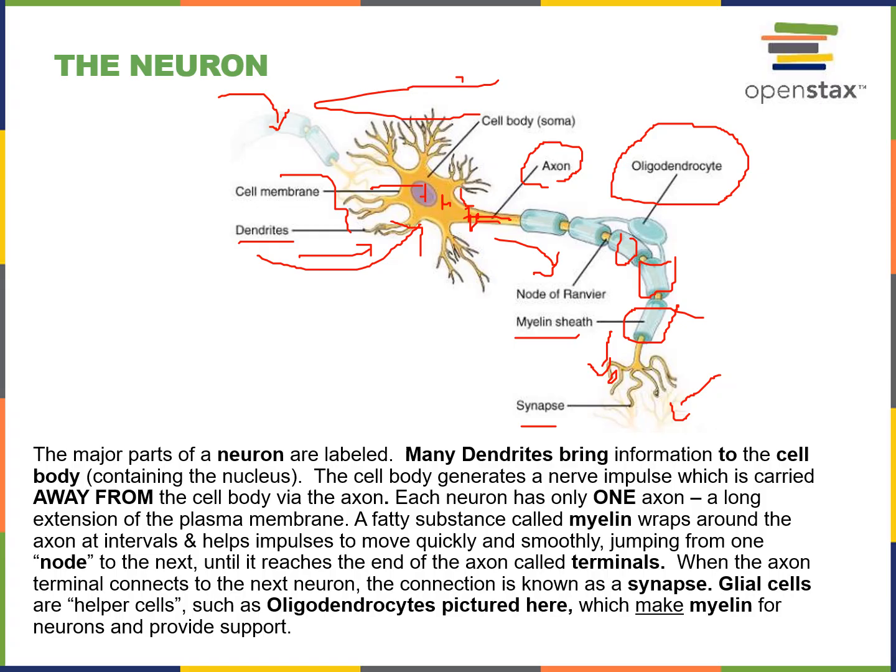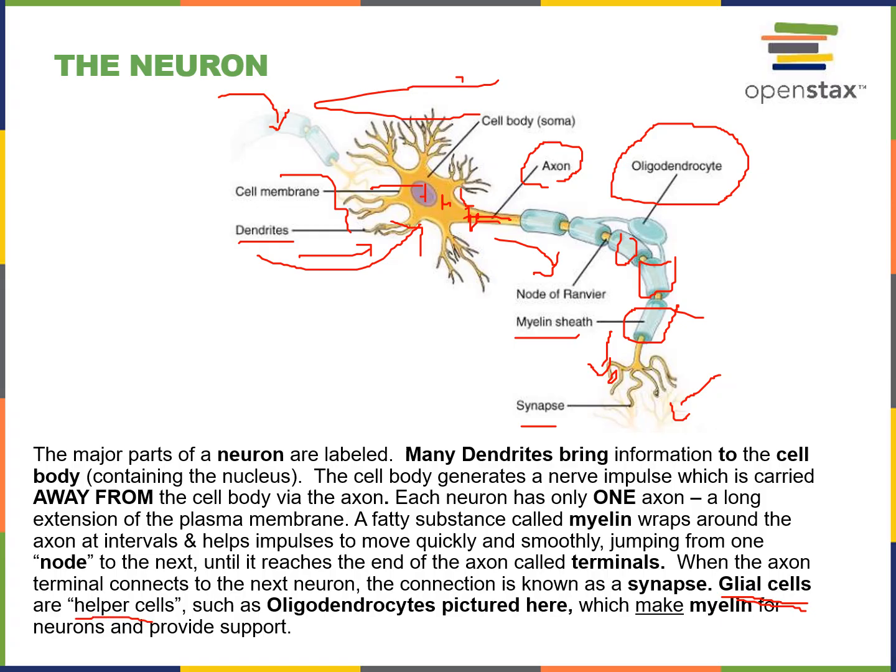Now, what is an oligodendrocyte? So within the nervous system, we have lots of neurons, but we also have some supporting cells. And there are actually more supporting cells in the nervous system than there are neurons, which may surprise you. So these supporting cells are called glial cells or neuroglia cells, and they are helper cells.